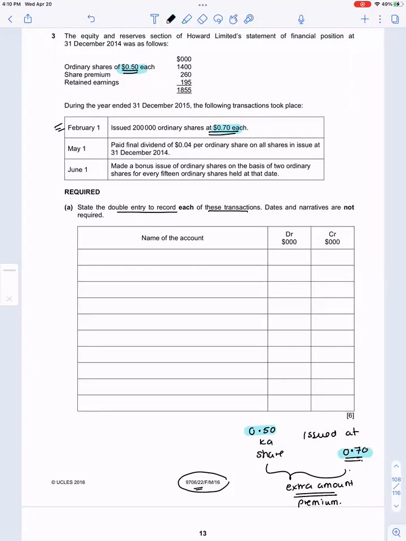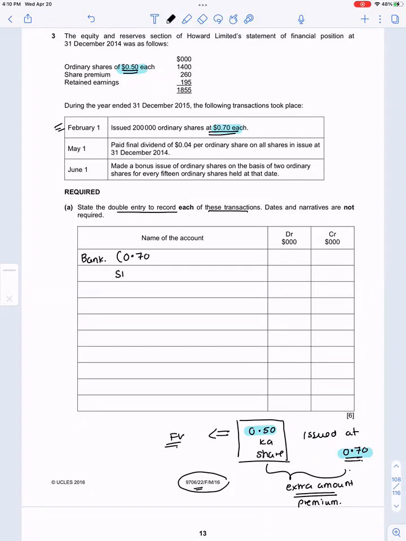Now, what is the amount that will go in the share capital? In the share capital, always face value goes. Now you've received money. You have received 0.70.